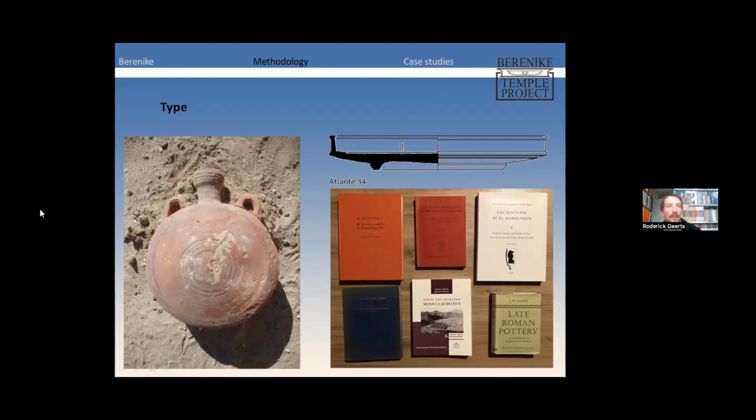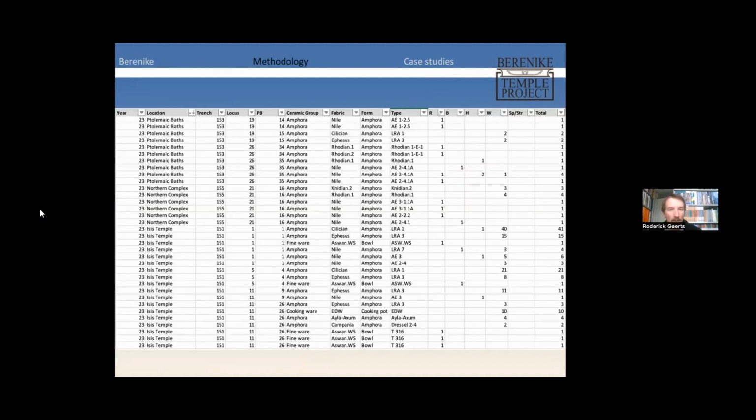So after having said this, I will now delve into our database a little bit and show you what it looks like and what we document in our database. The first part of our database has a lot to do with the location where the pottery was found on the site. What you see here is the campaign when it was excavated, location on the site.